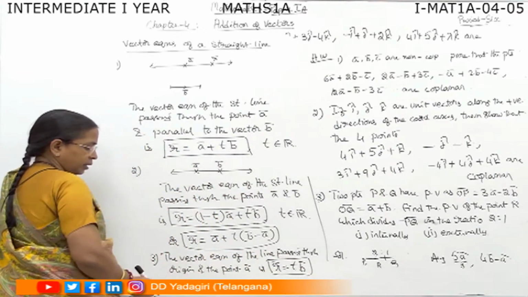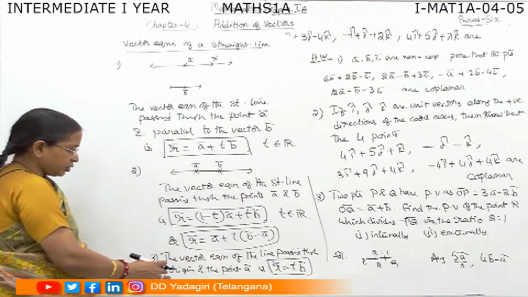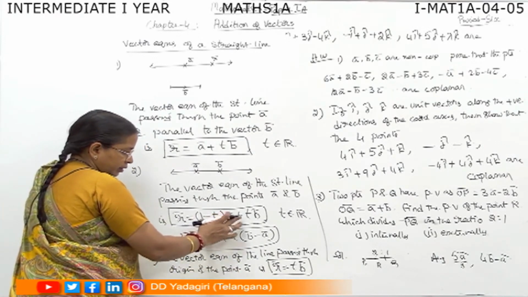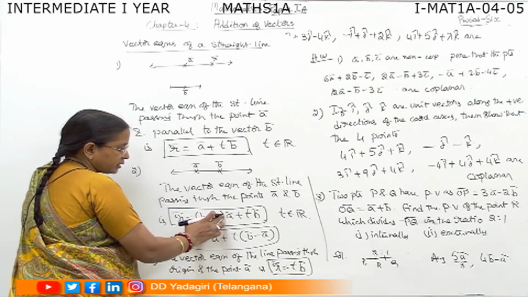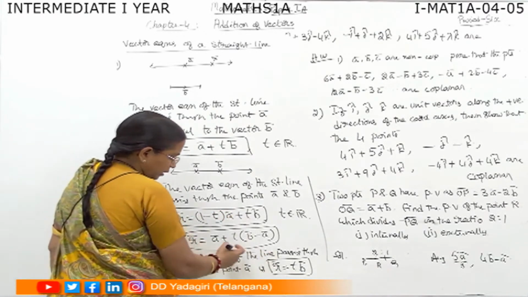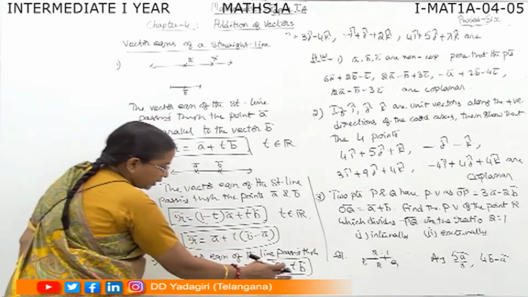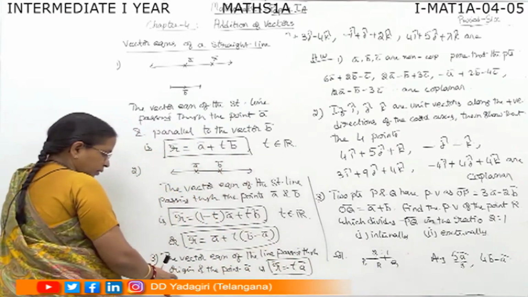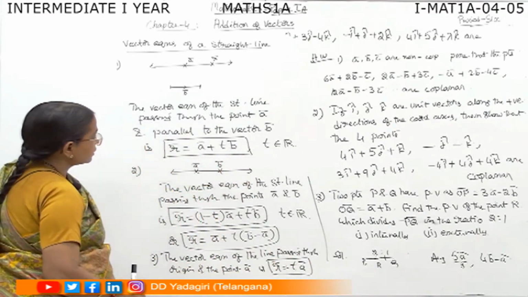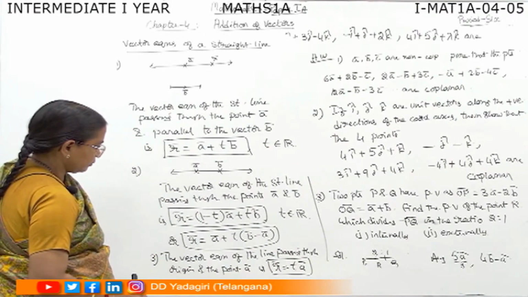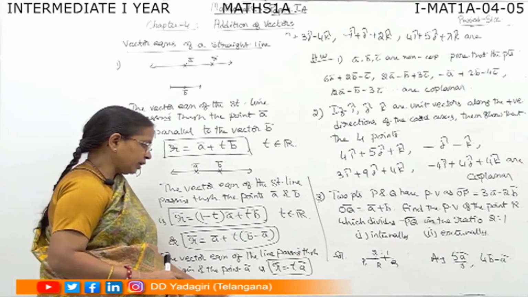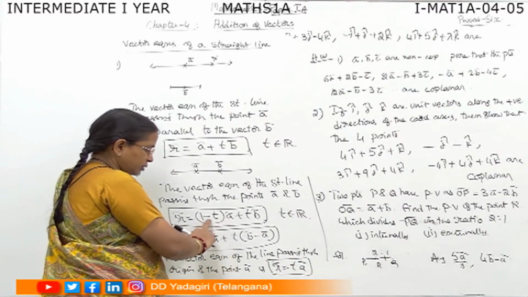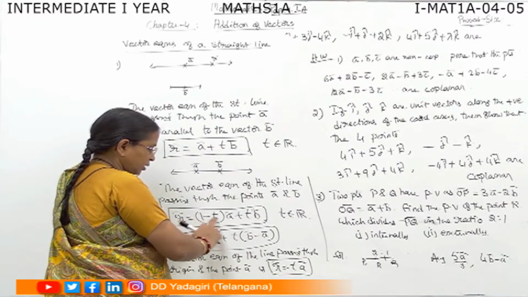If you substitute a as 0, you get r equal to tb. Taking the other point as a, r equal to ta, because one point is the origin. So the vector equation of the line passing through the origin and the point a is r equal to ta.